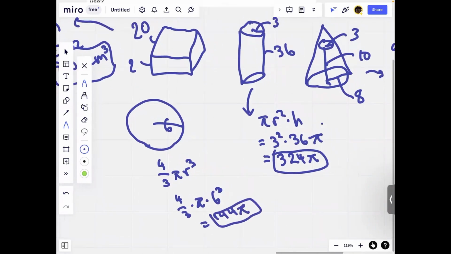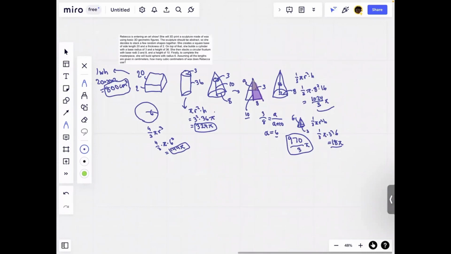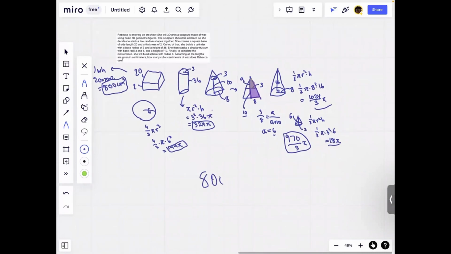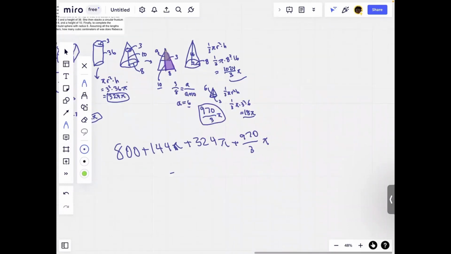So now we just have to add all these numbers up. It's 800 plus 144 pi plus 324 pi plus 970 over 3 pi.